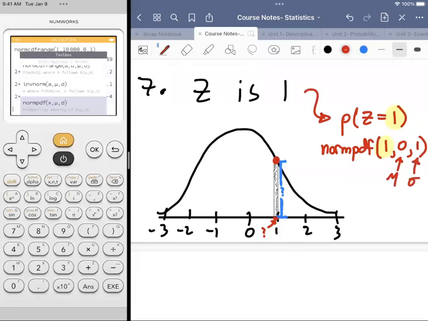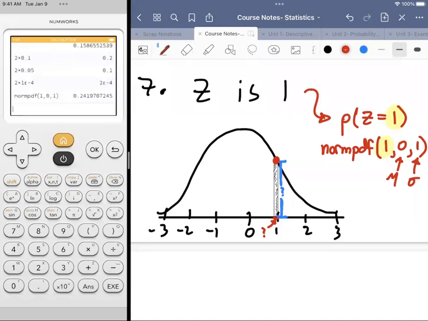All right. So using this function, 1, 0, 1, I would get the probability of that particular outcome as 0.242.